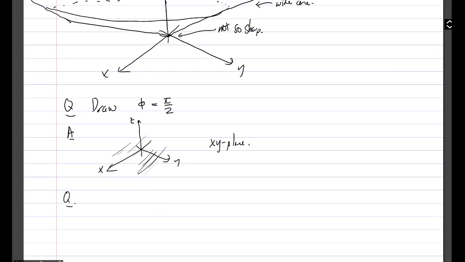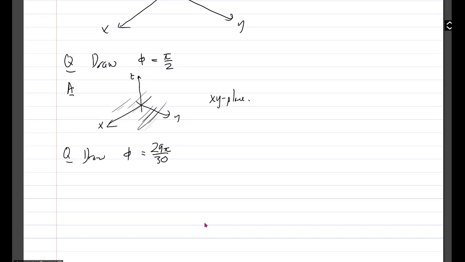Let's do another one. Let's draw phi equal to 29 pi over 30. What do you think that looks like? Let's get some axes here. You would include a point if the line segment connecting that point and the origin versus the positive z-axis creates an angle very close to pi.